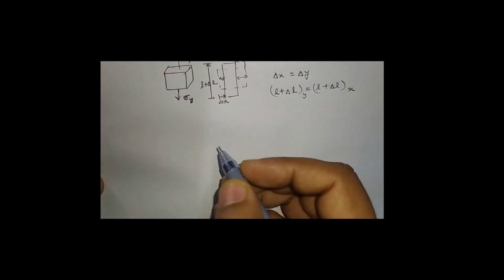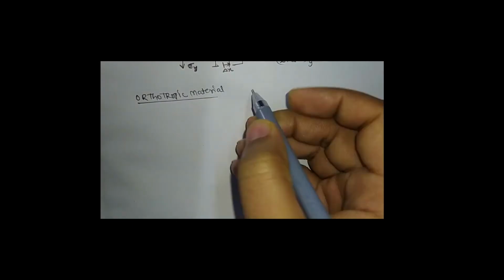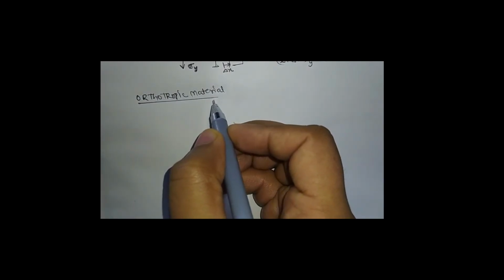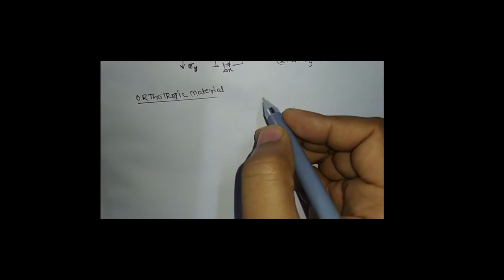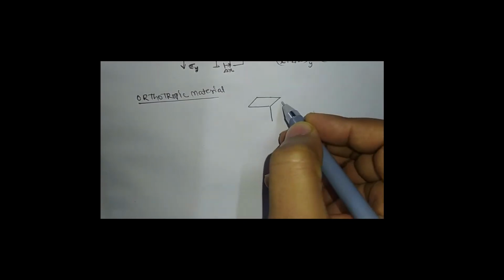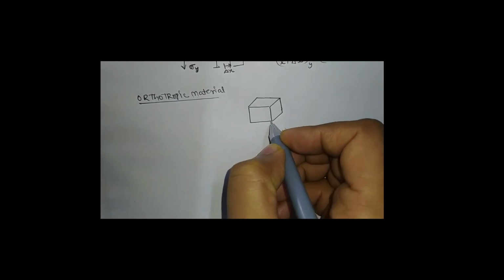Now coming back to the question, the orthotropic material. In the case of an orthotropic material, the properties in different directions are not the same, unlike an isotropic material, where the properties are the same.